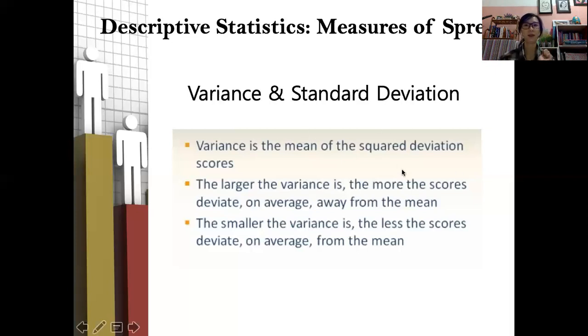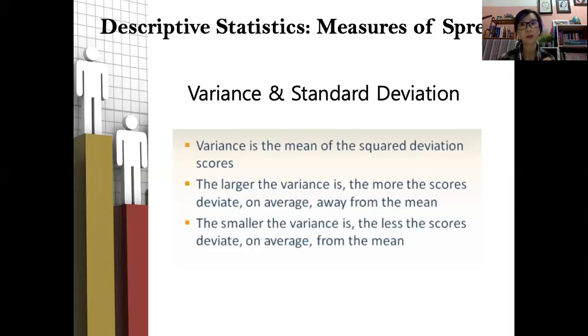Later you will have to do an assignment related to variance and standard deviation, with some formula. And if you notice, the formula for variance and standard deviation will be different if your data is taken from population, or taken from sampel.